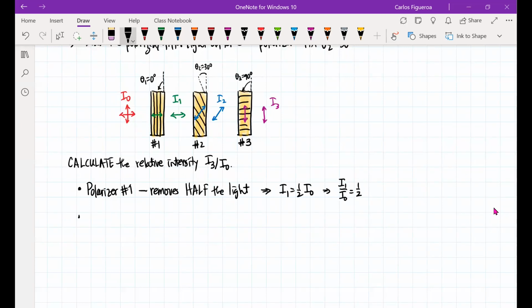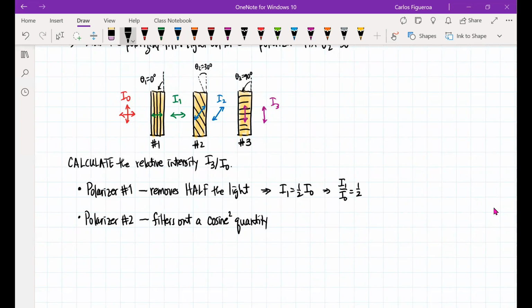Okay, so then I'm going to go through polarizer number 2. This one filters out a cosine squared quantity.